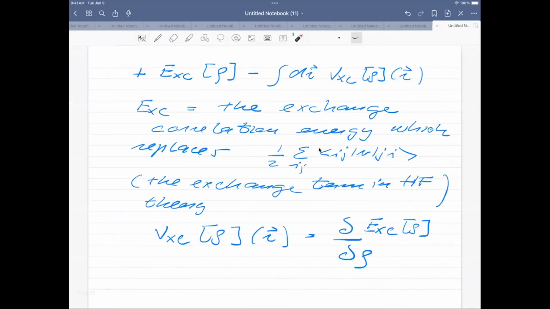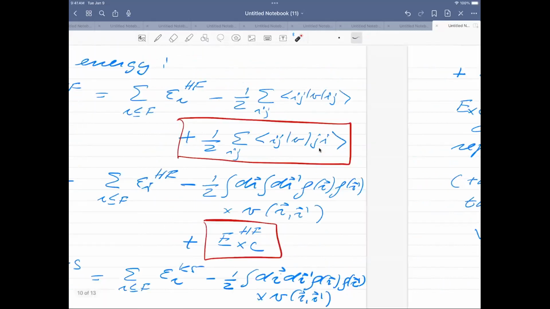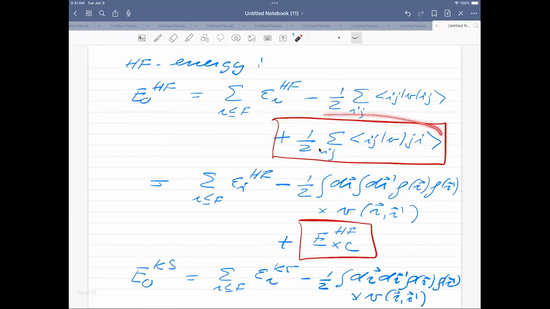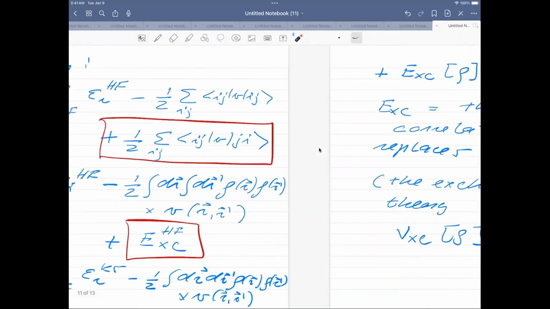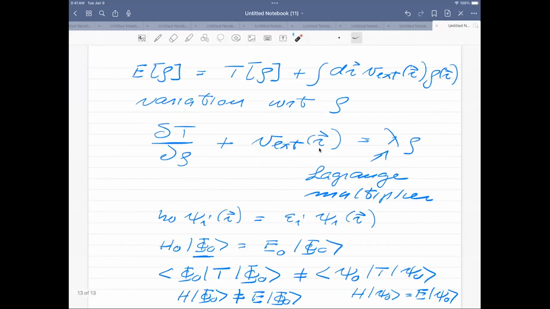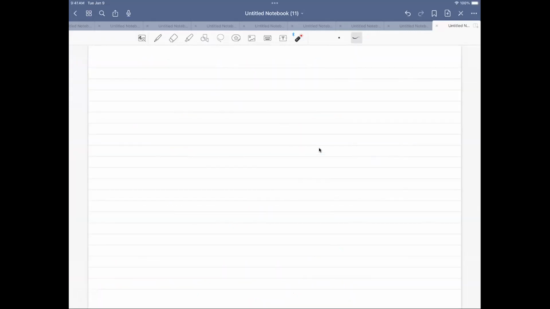So as I said here, this exchange term, which we have here, is now replacing the expectation value of this quantity, which you see here. So let me just bring back my notes here and look at the total energy.